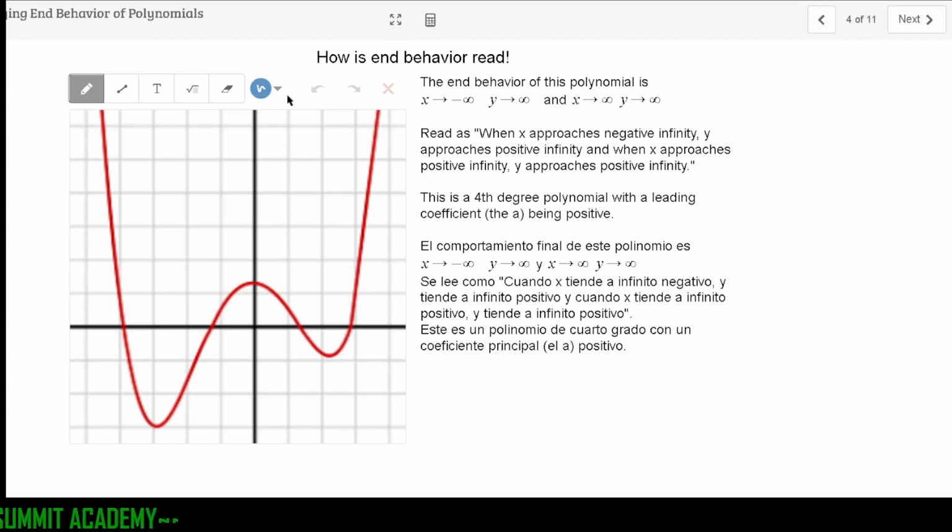We know this is a 4th degree because if we count the changing points, we have 1, 2, 3 changing points, or points of inflection, which means our degree equals 4.